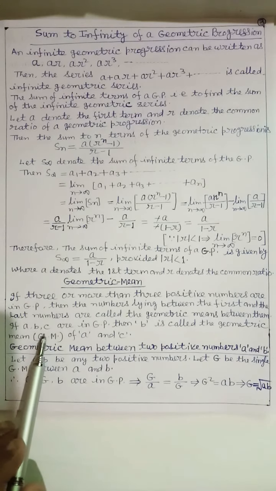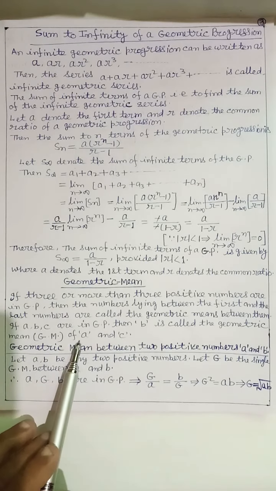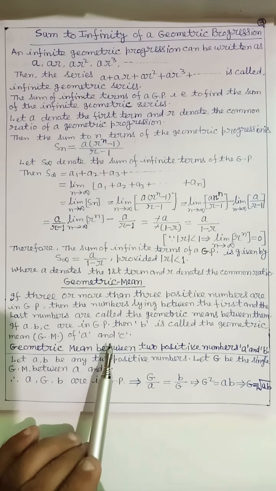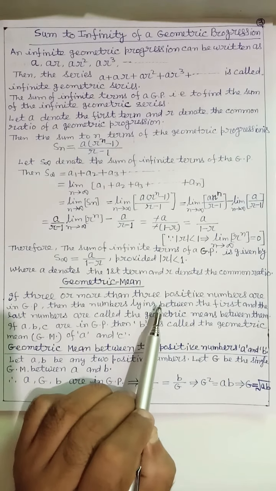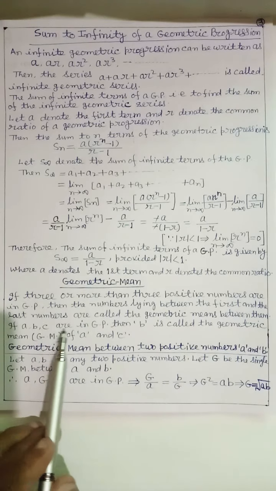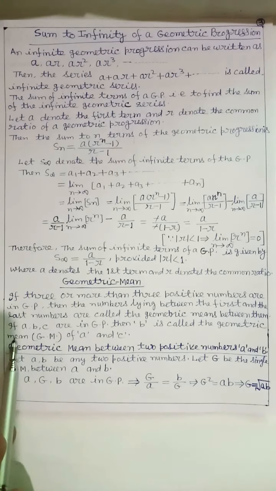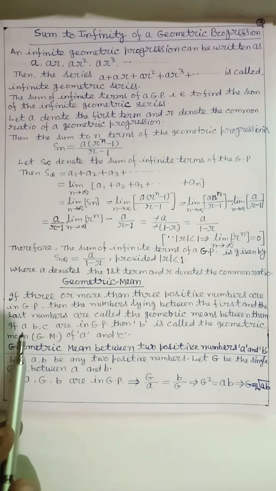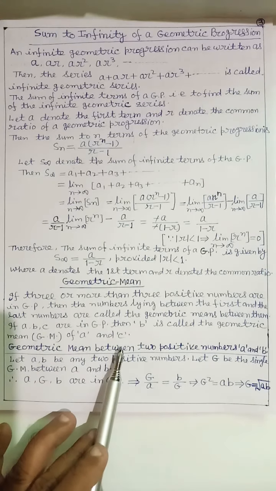Here three or more than three, in that case it is written as the numbers between the first and the last are called the geometric means between them. But here if you are given three numbers A, B, C in GP, then B is called the geometric mean of A and C.